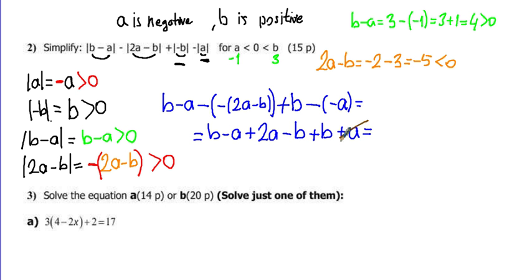Yes. Here plus a and minus a we can simplify. And here we have b and minus b. Okay. And what is the final answer? Final answer is 2a and plus b. This is the simple form of this absolute value question.